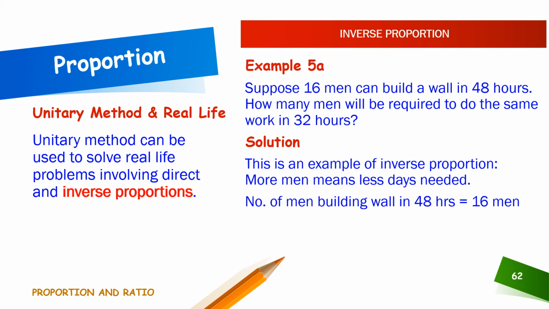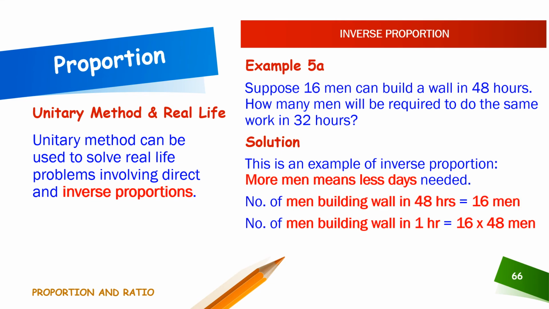The number of men building the wall in 48 hours is 16 men. So in order to find the number of men required to build the wall in 1 hour, we multiply 16 by 48, since we have divided 48 hours by 48, and we're discussing inverse proportions.